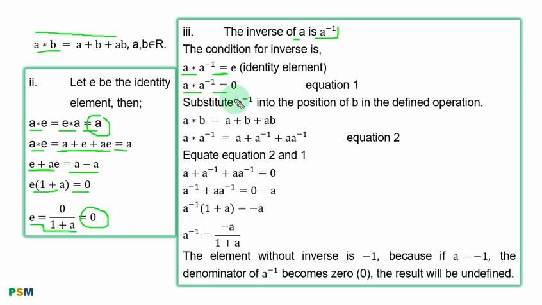To continue, you have to substitute A inverse into the position of B in the defined operation. That is, you come here, A is equal to A. Now, B becomes A inverse. This is the operation. You replace B with A inverse, you have it in this form. Let's call that equation 2.